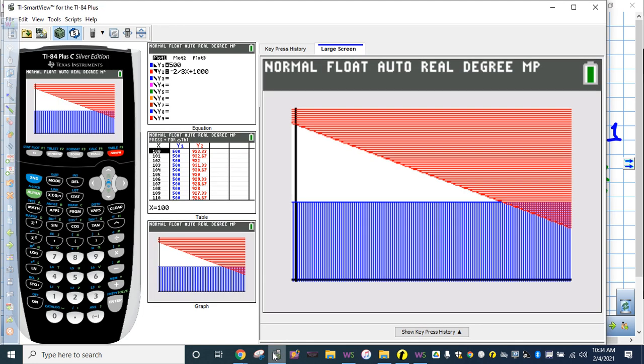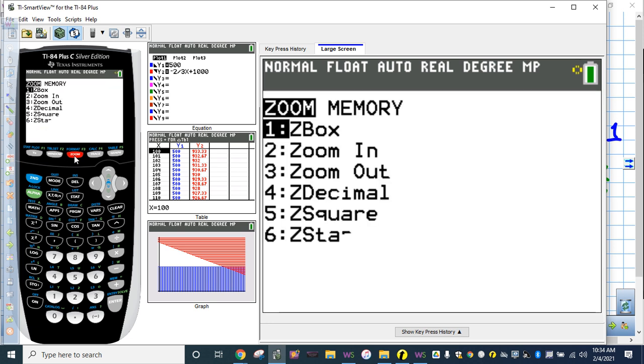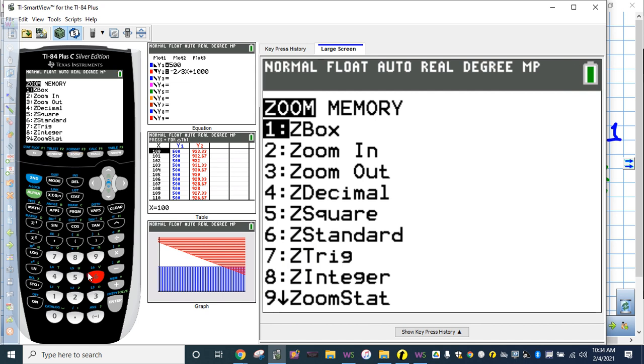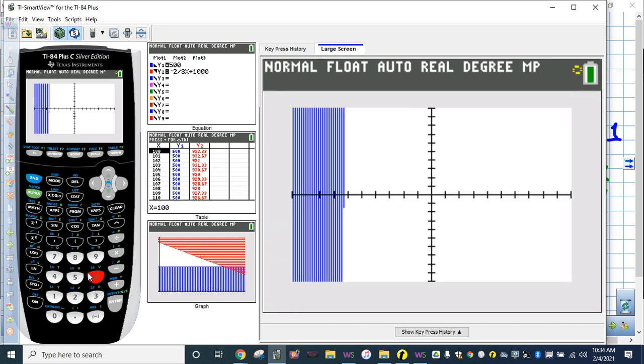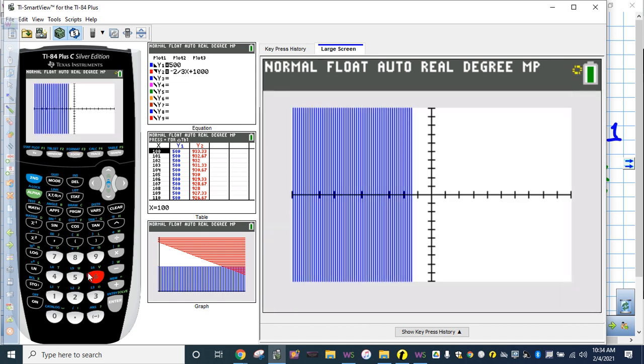So, graphing this on the graphing calculator. Remember, our window's all jacked up. We switched it to like 1,000 or 1,100. If you hit zoom, top middle button, 6, that takes us back to a standard window. If you hit on, it'll eventually stop the graph so you don't have to watch it crawl across so slowly.